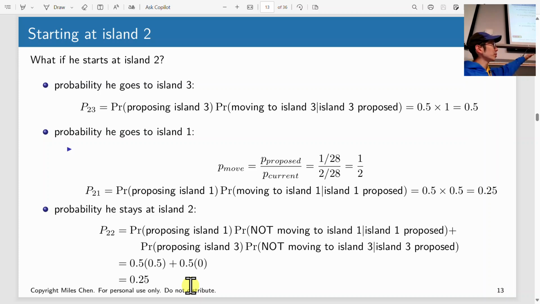Okay, and so we could go through and figure out all of these transition probabilities. This is a reasonable exercise that you should try out for yourself.